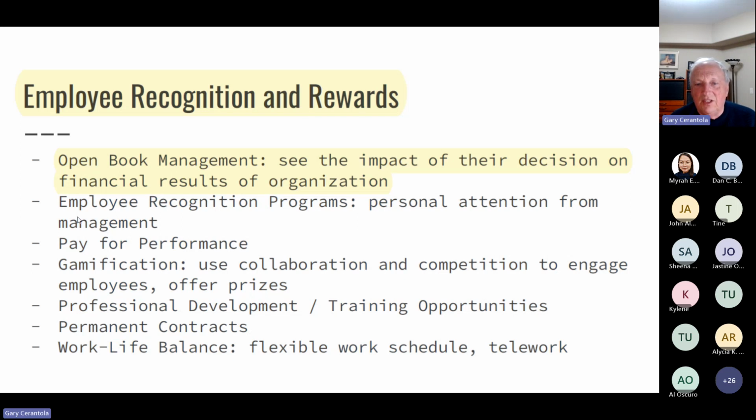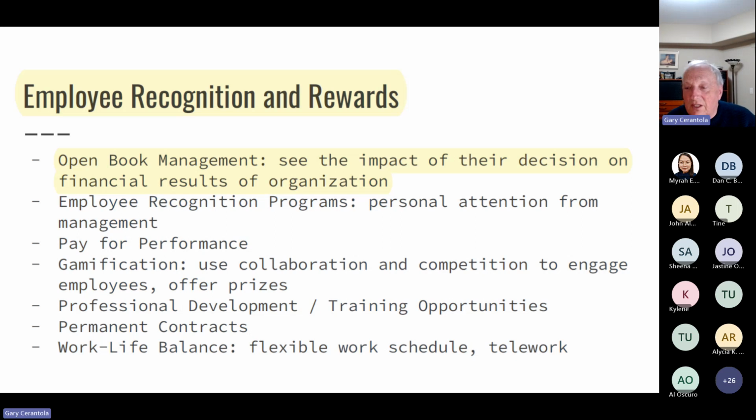The other piece is employee recognition programs, personal attention from management. When I talk about personal attention, you focus on relevant acknowledgements of specifically what the people have contributed to and how they did that, and that'll do more for making people feel that, yes, I'm part of this and I'm being recognized and I feel good about this. And then pay for performance, yes, absolutely.